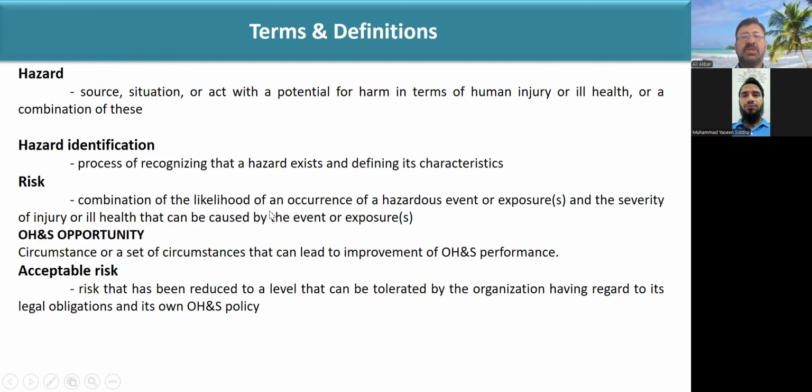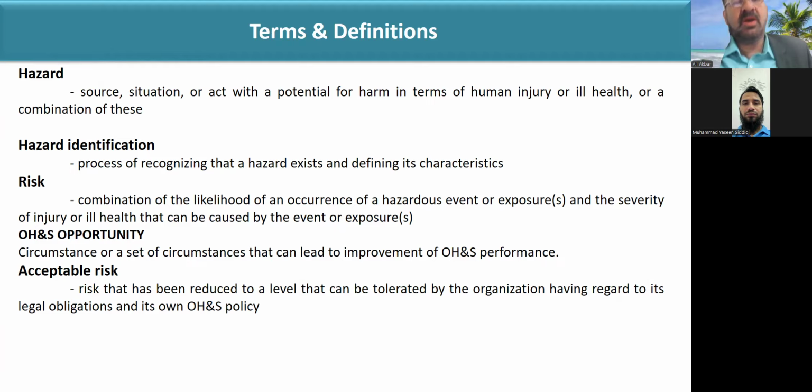Risk: combination of the likelihood of an occurrence of a hazardous event or exposure and the severity of injury or ill health that can be caused by the event or exposure. OHS opportunity: set of circumstances that can lead to improvement of OHS performance.